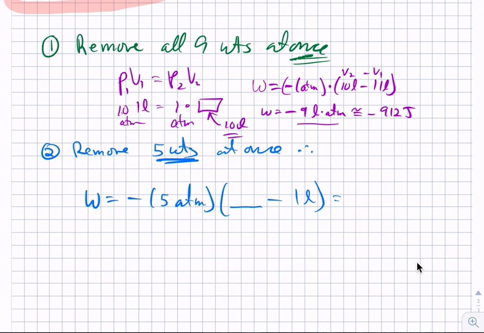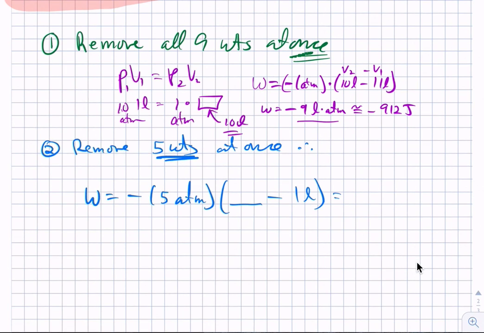So in order to get to the final pressure of 1 atmosphere, we're going to have to do this in 2 steps. So we'll call this step 1. What will be the final volume we get to if the pressure we're pushing against is 5 atmospheres? Again, PV is equal to constant.